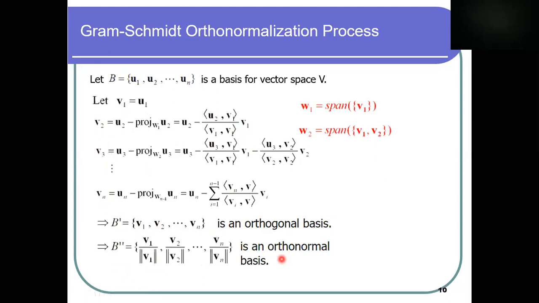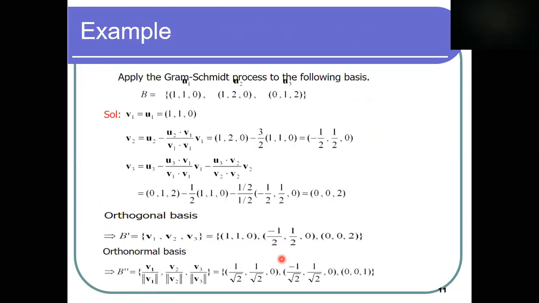Let us understand this procedure with the help of one or two examples. If you have three elements in a basis of R3, let's suppose V1 is the first vector and V2 is U2 minus U2 dot V1 divided by V1 dot V1, into V1.